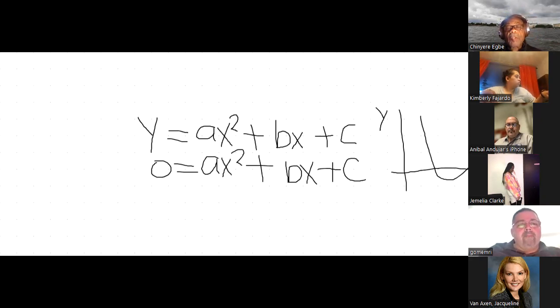Okay. All right. So the a value here is the constant value. We call that the coefficient of x squared. And then the b value here is also a constant value. And the c is a constant value, which is the beginning of the quadratic function. All right. So, for example, we have a function like 0 is equal to, and I'm going to give you an example that I've already set up.